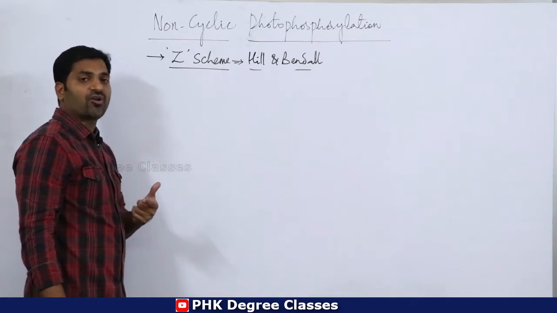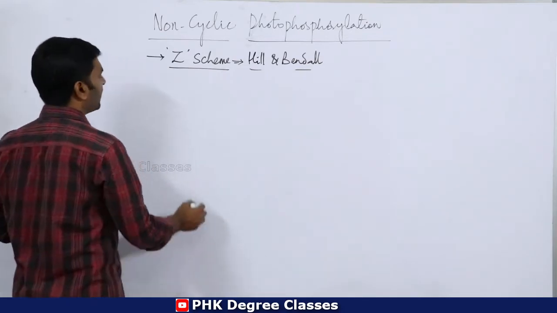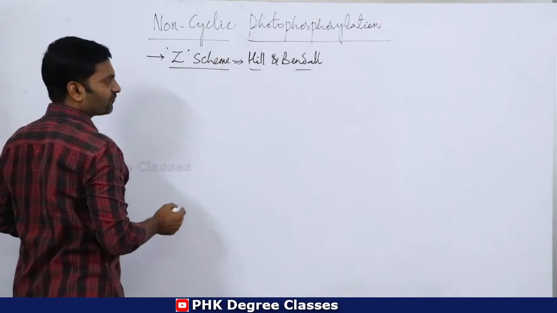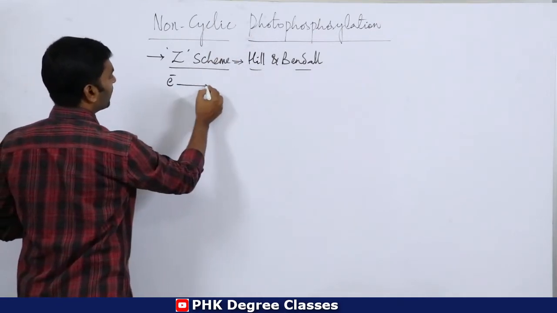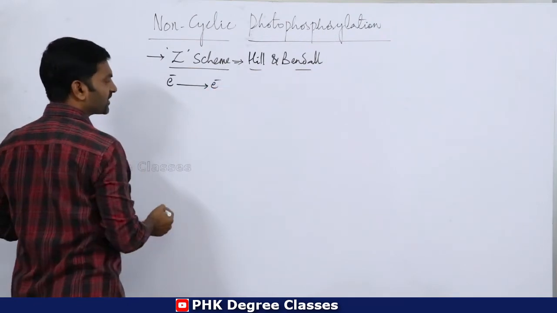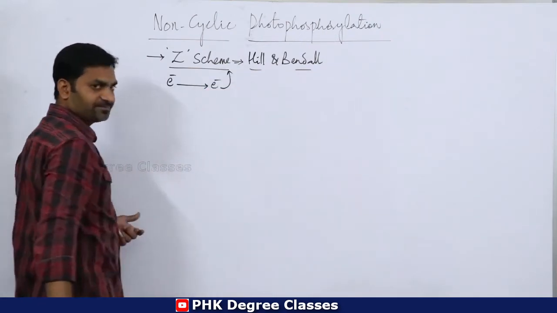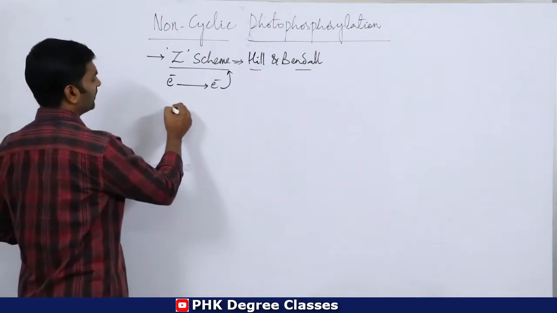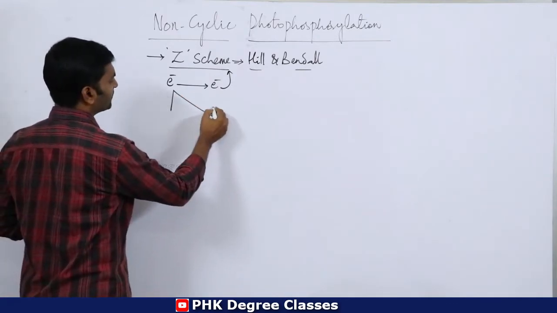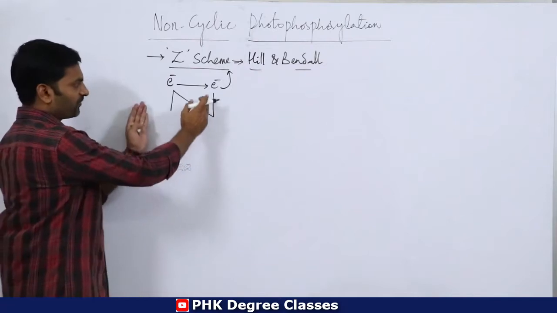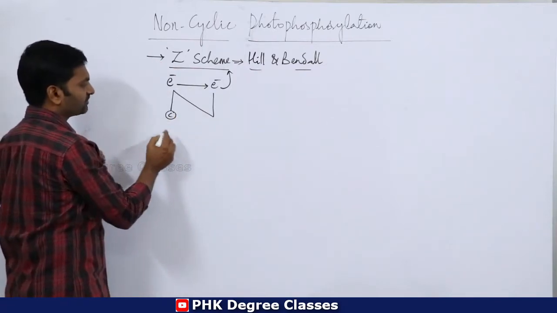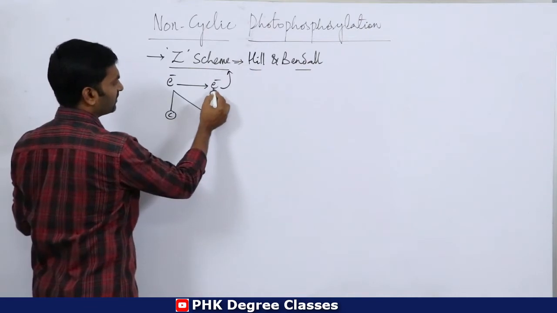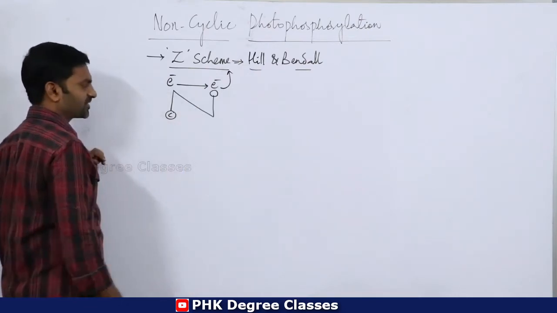So why is it called the Z scheme? In non-cyclic photophosphorylation, electrons move from one complex to another complex in a Z manner, like the movement of electrons like this. If you see the Z in this manner, this is complex 1 and this is the final electron receptor.